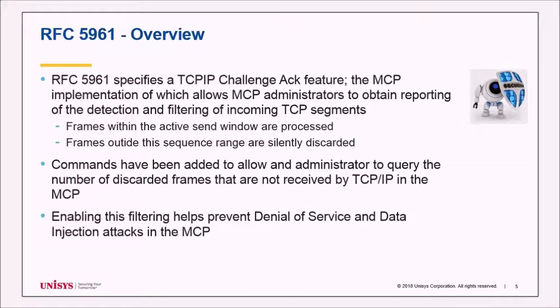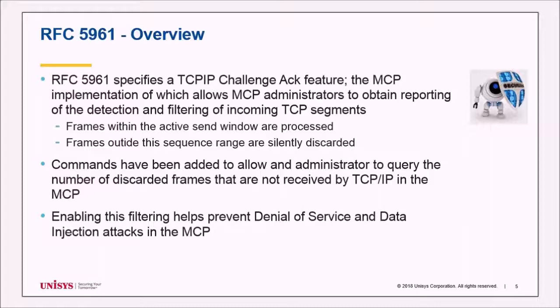As an overview of what the RFC requires, it specifies a TCP/IP challenge ACK feature that detects the forged packets and discards them. So frames within the active send window are processed. Frames received that are outside the sequence range are silently discarded.